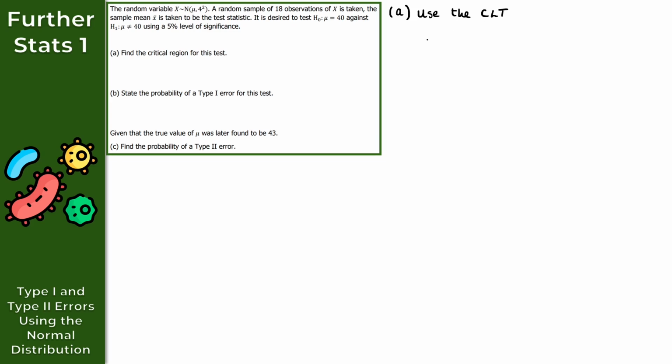And why is that the case? Well, we have the random variable x, which follows a normal distribution. However, we take a random sample of 18 observations of our random variable x. Okay. So in that case, we need to use the central limit theorem. And what I'm also going to do at the same time is assume that H0 is true. Okay.